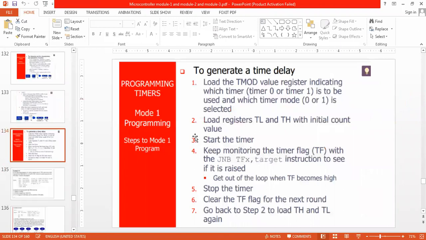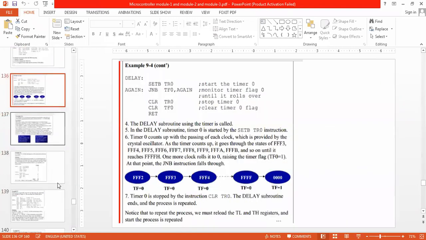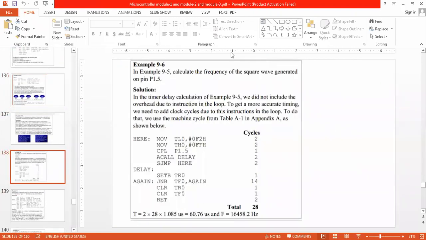See, these steps are very much important. Okay. So here, now we are using TL0 and TH0, so that is why the TMOD value will be MOV TMOD, #01H.